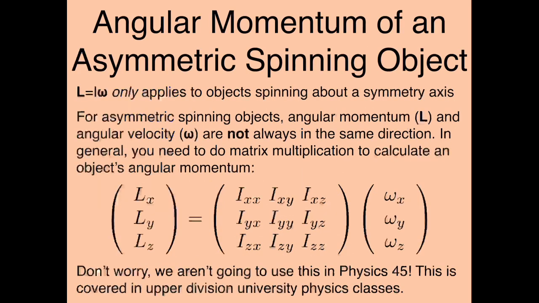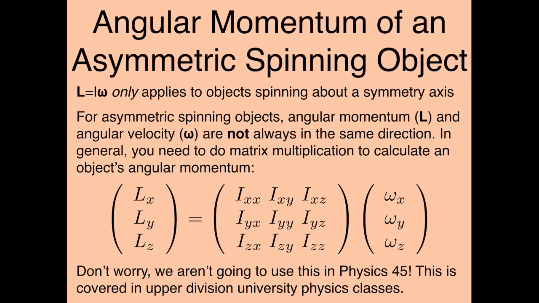So L is equal to I times omega, strictly speaking, only applies to objects spinning around a symmetry axis. What if we're dealing with an asymmetric object? Well, in that case, the math gets a little bit more complicated. So let me briefly explain what this is about, but don't worry, we're not going to be using this in Physics 45. This is something that would be covered in a more advanced physics class, but I just want to give you the gist of it.